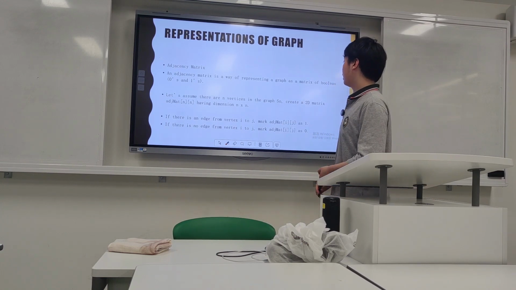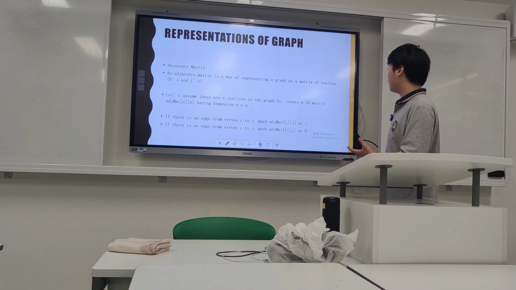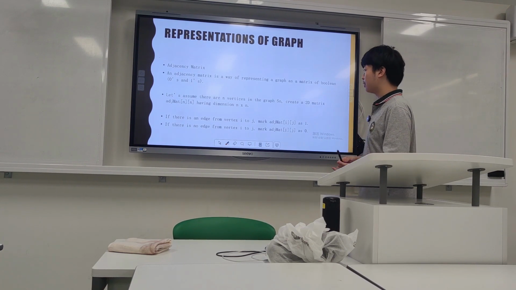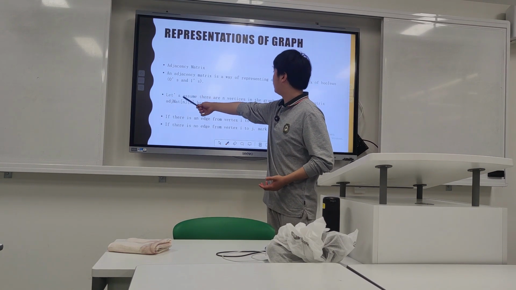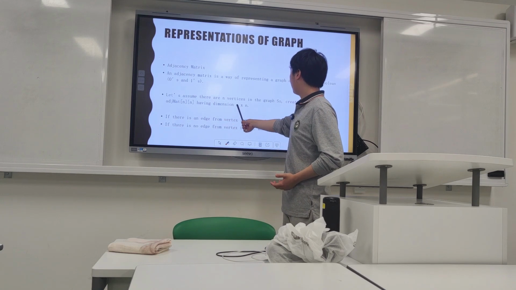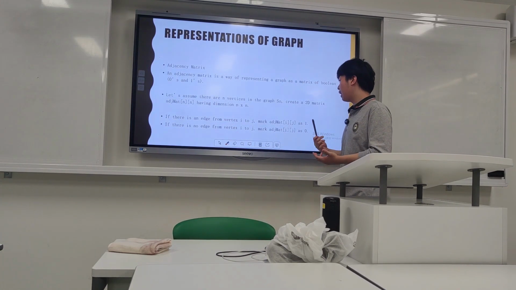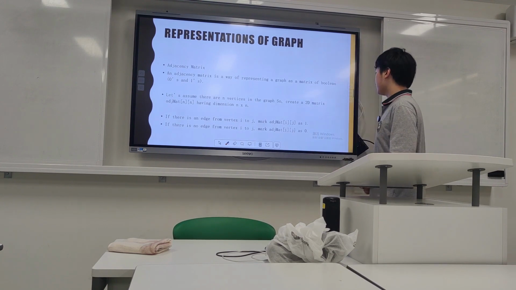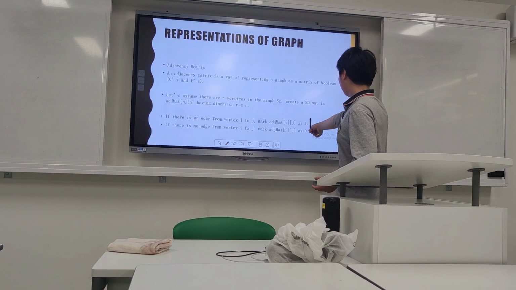Let's assume that there are n vertices in the graph. We'll create a two-dimensional matrix, adjacency matrix, having dimensions n times n. If there is an edge from vertex i to j, we'll mark adjacency matrix[i][j] as 1.